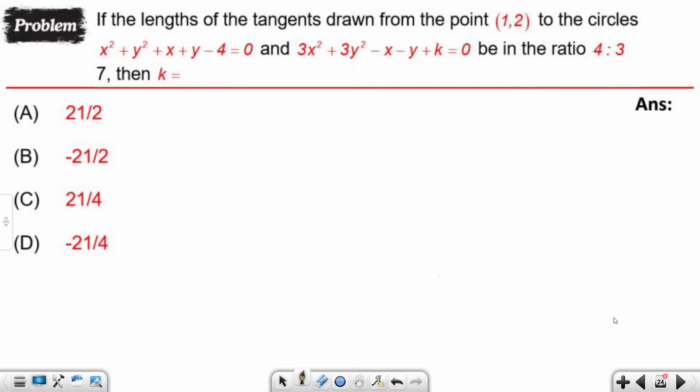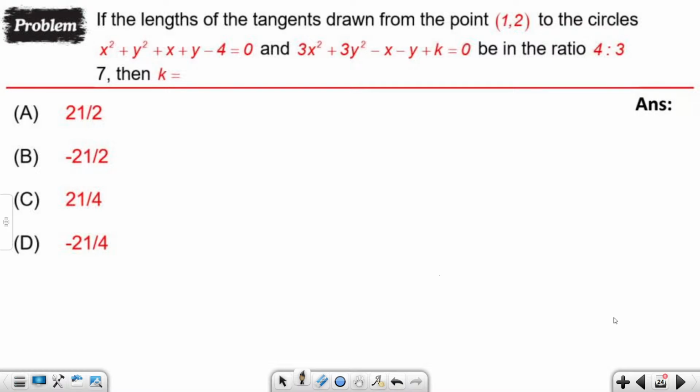Okay. Then k equals to what? Then k will be equals to what? Simple sum. Length of the tangents drawn from the point 1, 2 to this and this being in the ratio 4:3 is 7.